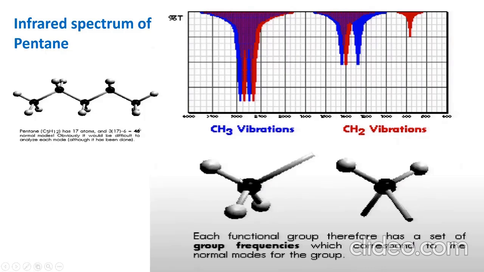That's why the peaks will be different. But these are all still CH stretching only, but the modes are different. So that's why we get different peaks for different groups. I hope you understood.